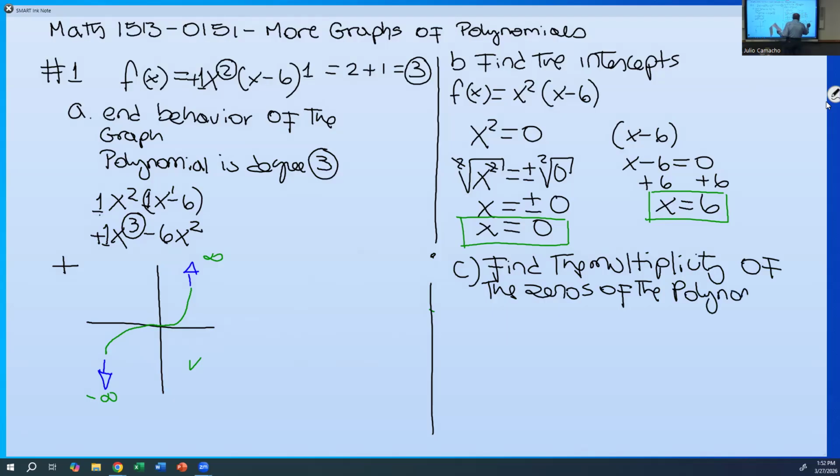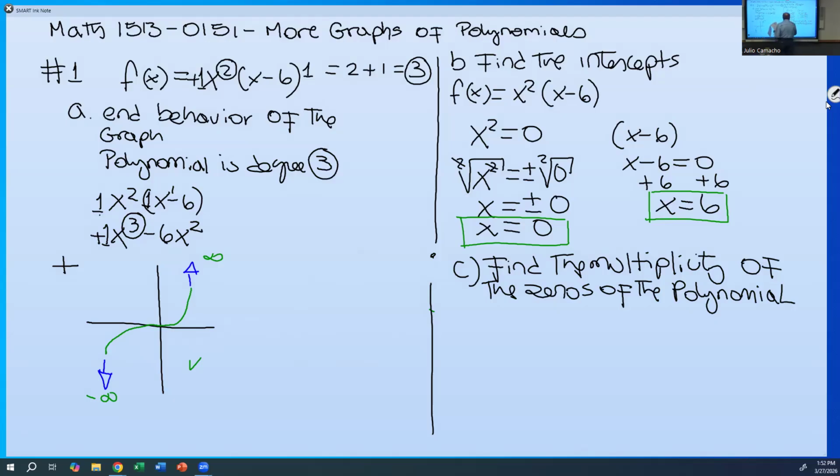And again, I repeat, finding the zeros of the polynomial is no other thing than finding the values of x in this equation, but they are also the places where the graph is touching or crossing the x-axis.